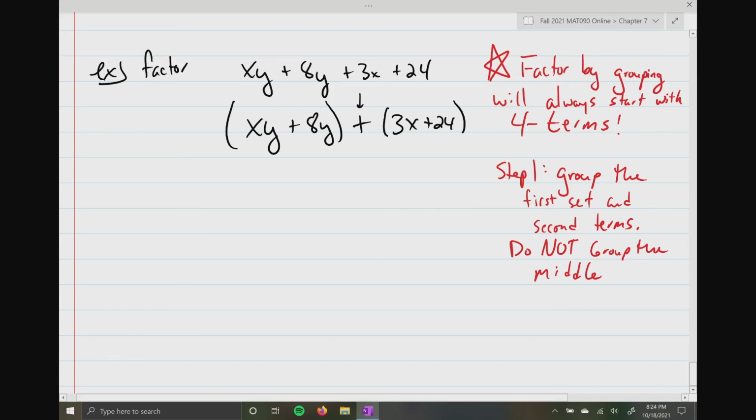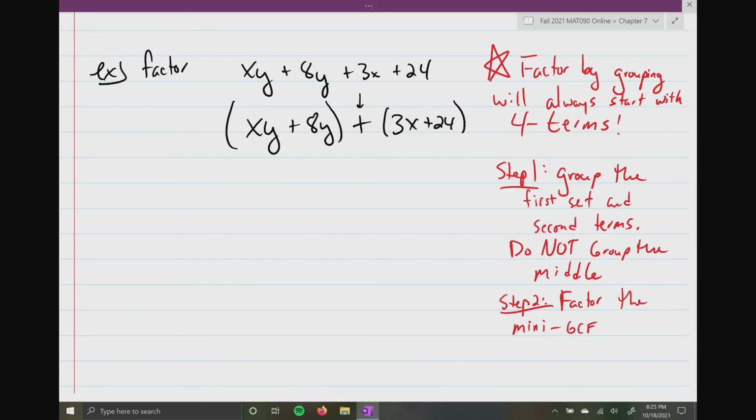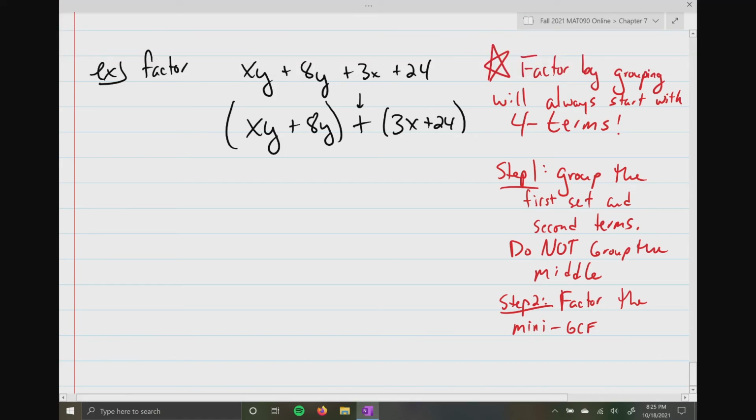Step 2. You're not going to find this in a book. But it's my own little step. I call it the mini GCF. So we're going to factor the mini GCF. And what I mean by that is this. Notice in the first set of parentheses, you got a y in common.